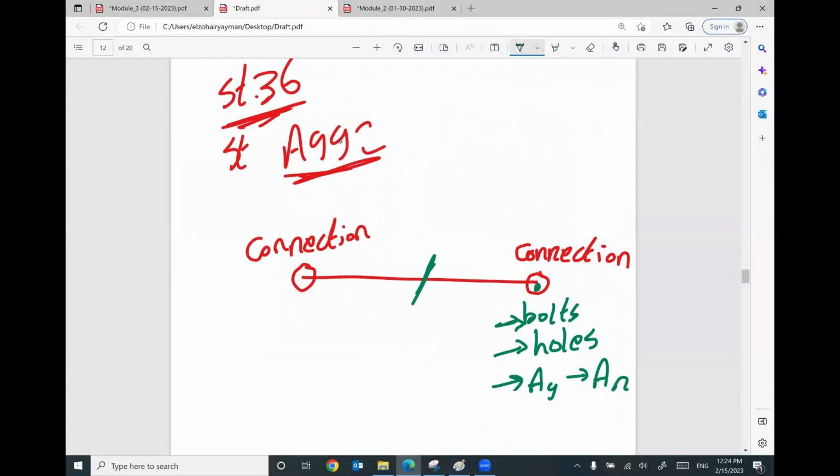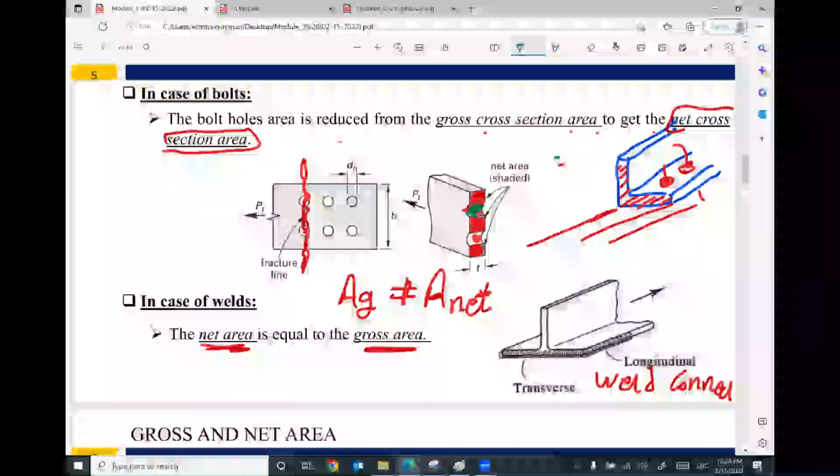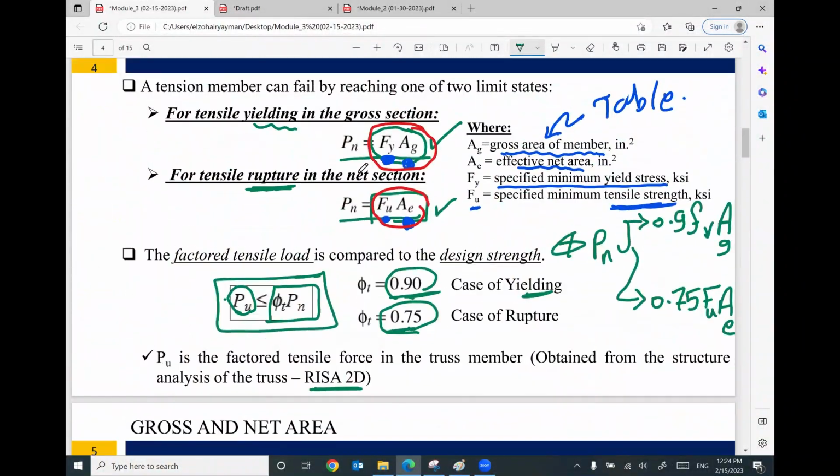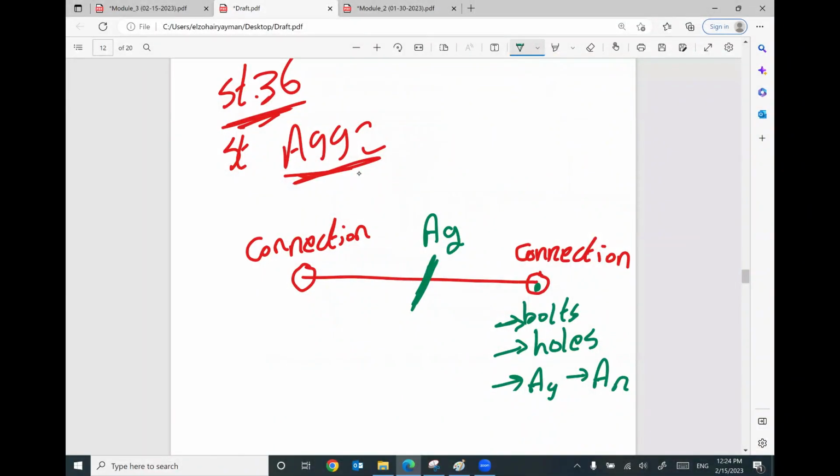But at this location of the member, we don't have a connection. We don't have bolts. We don't have holes. Area gross is still working. So the two cases of design: to satisfy yielding at the mid of this member, area gross times F yield. This is the value of Pn.